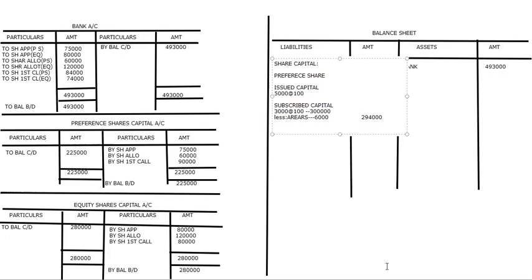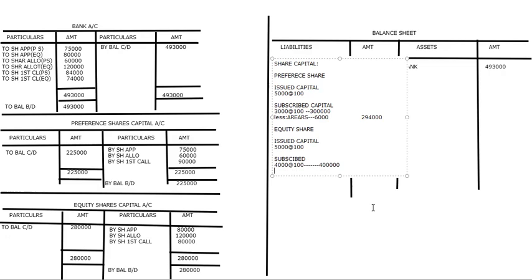Now comes the equity share. So equity shares, how much we have issued? Again, we'll start with the same. Issued capital was the same, 5,000 at the rate of 100. But did we get the same? No. Subscribed was 4,000 at the rate of 100 each, which is equal to 4 lakhs.